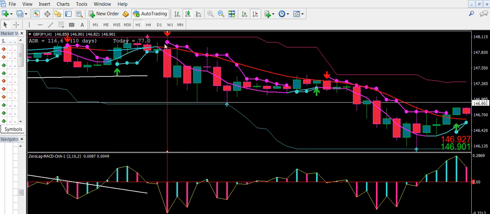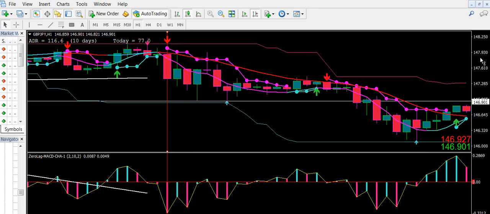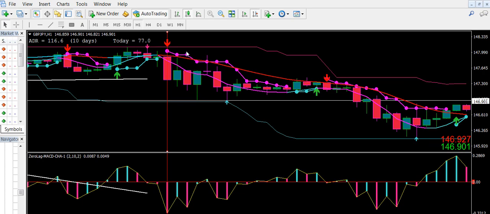Right here is perfect. Everything turns red, pink, and the red entry arrow appears, and the volatility is very, very strong. Now you can see how drilling down from starting at the daily down to the 4 hour and down to the 1 hour to get a good trade entry is really an important thing.